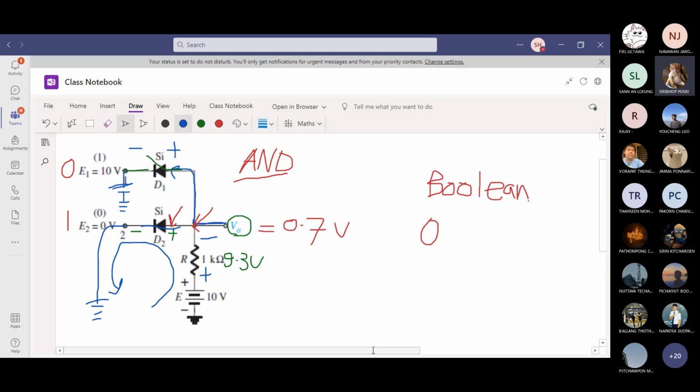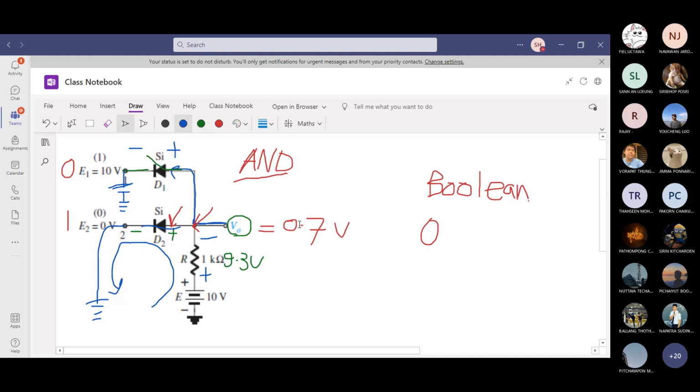So this one, V out equals 0, right? Yes, because we found using the KVL loop that the analog value of V out is 0.7. Even though it's not 0 for analog, for digital, for Boolean logic, it is still a low level.